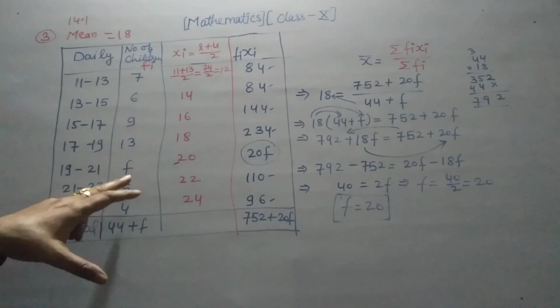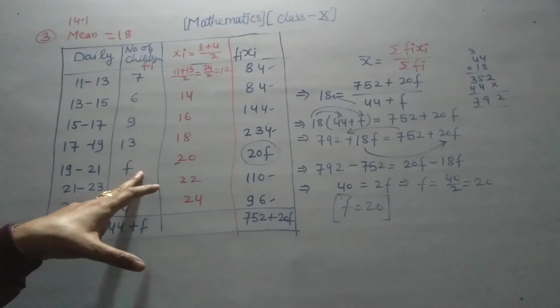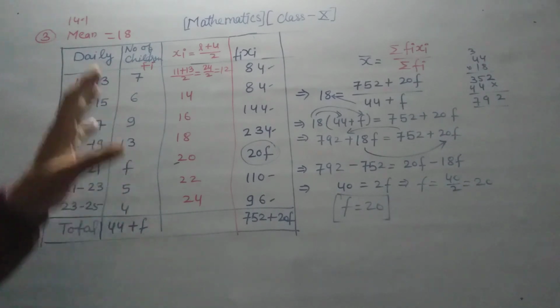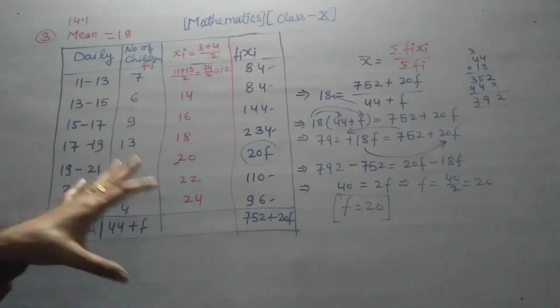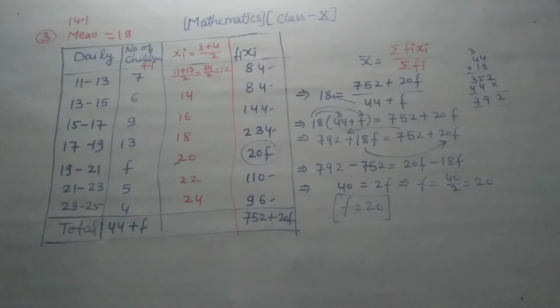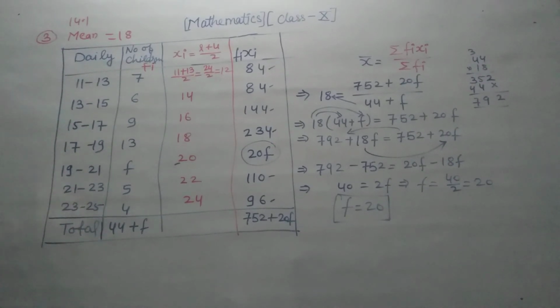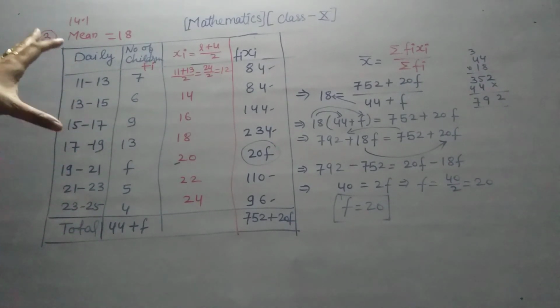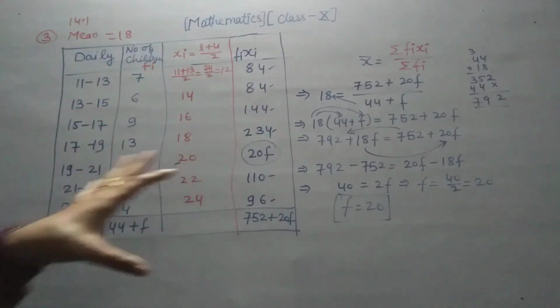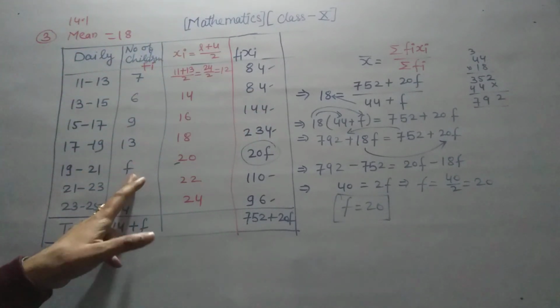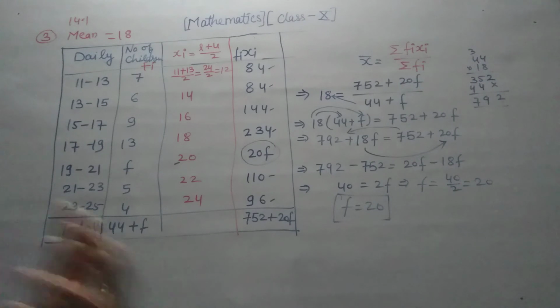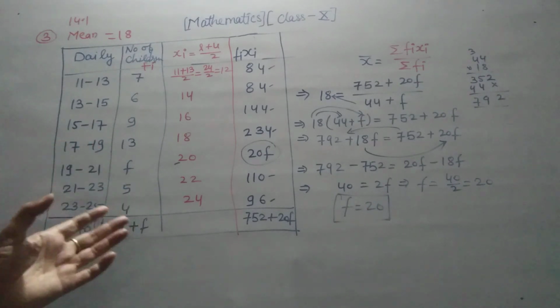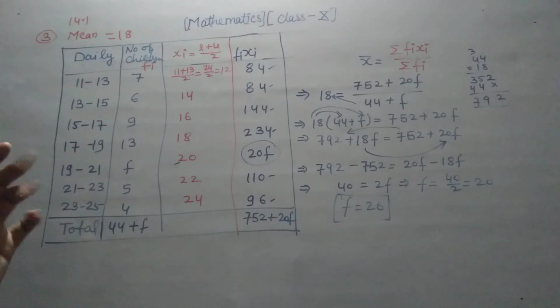Okay, here you can be given any variable which you have to find. If the mean is given, then you use this method for finding this variable. If the mode is given, then how to find this variable is explained in my next video.